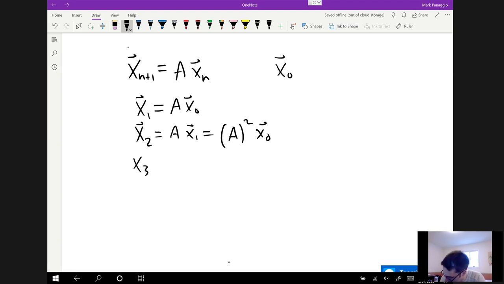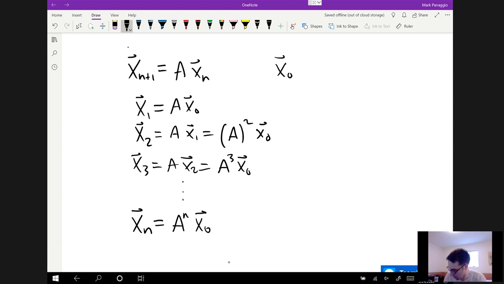And X3 is going to be A times X2, which means we're going to get one more factor of A. And so given that pattern, it looks like the state of the system at time n is going to be A raised to the n times X0. All right, so there's our analytical solution.